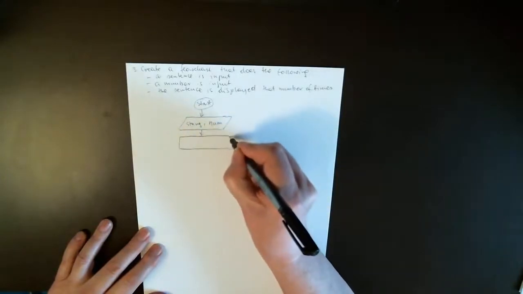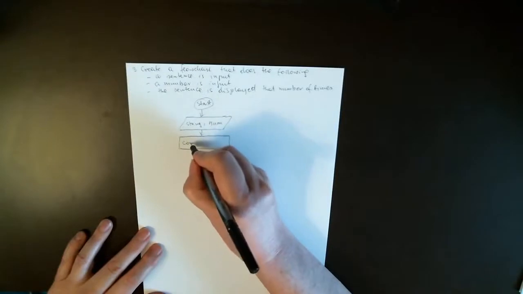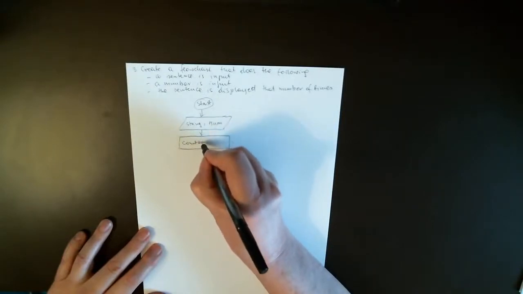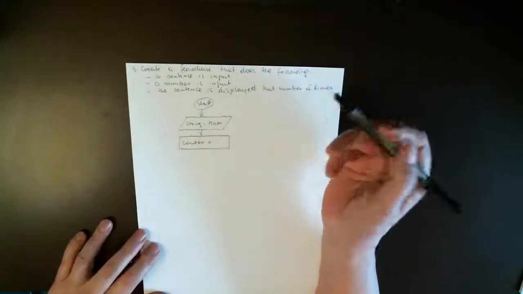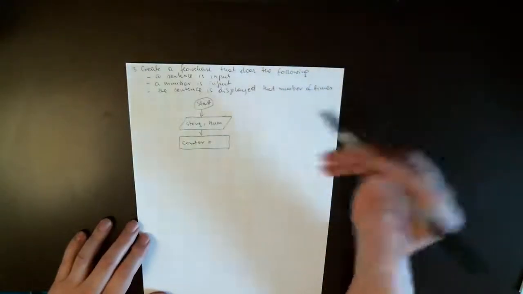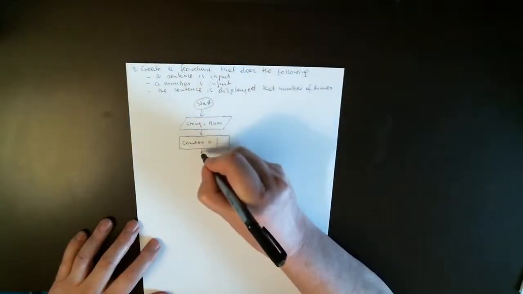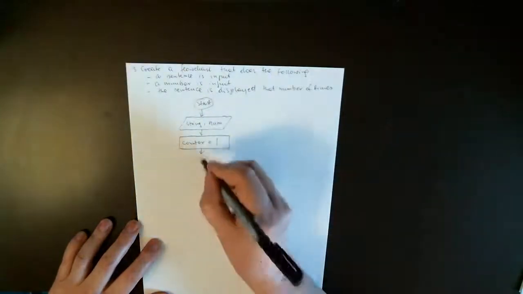Yeah, it's a rectangle shape because we have an equal sign. So counter is equal to, okay, you can start with 0, you can start with 1. I prefer 1 because we are going to display our sentence the first time. So let's go for it. 1.